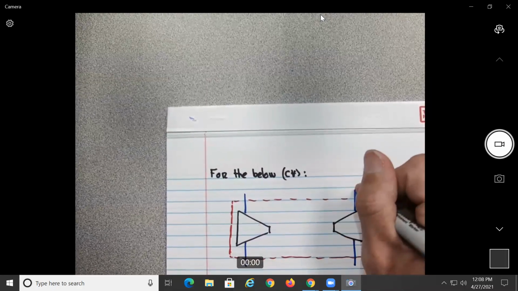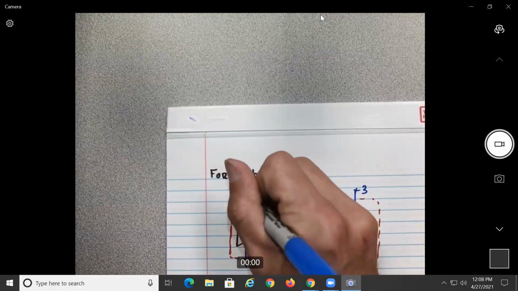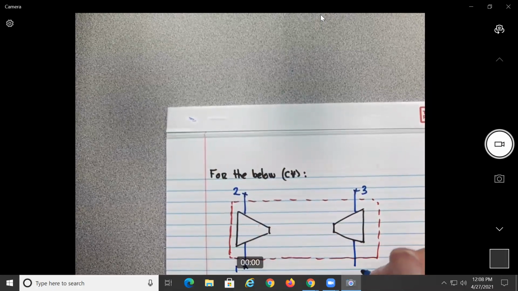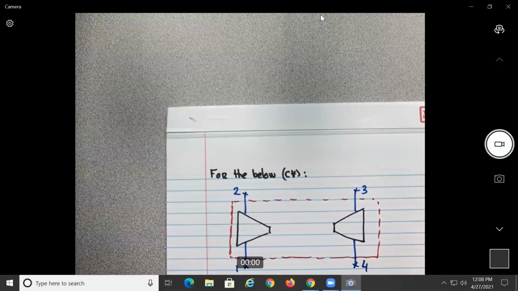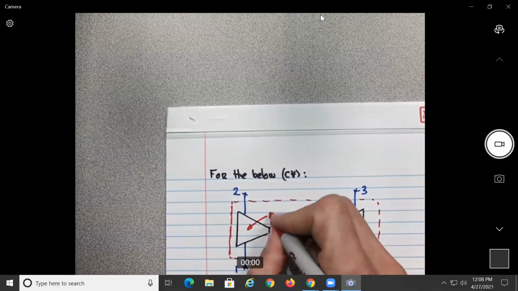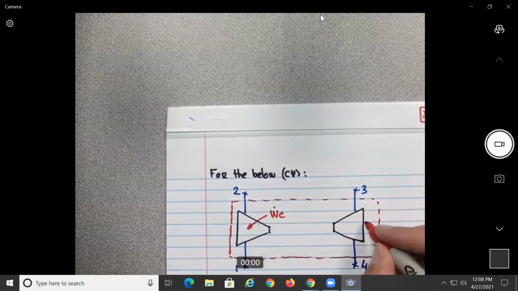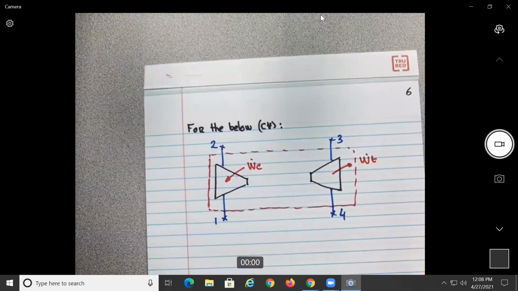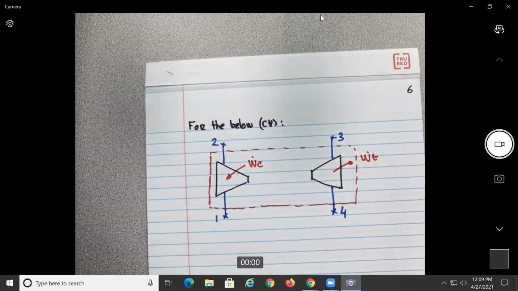So this is 3, 2, 1, and 4. And here we have power compressor, power turbine, no? Okay.